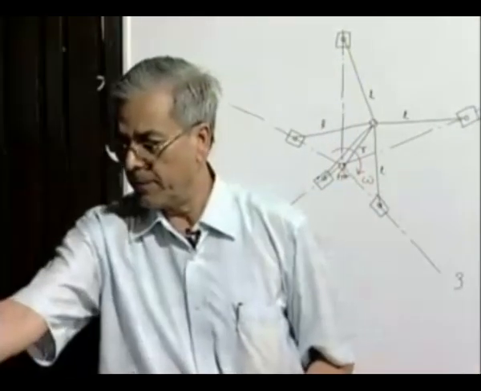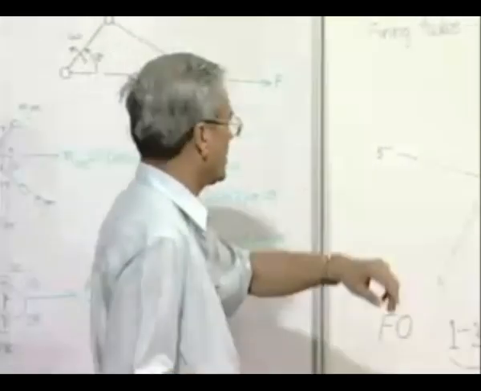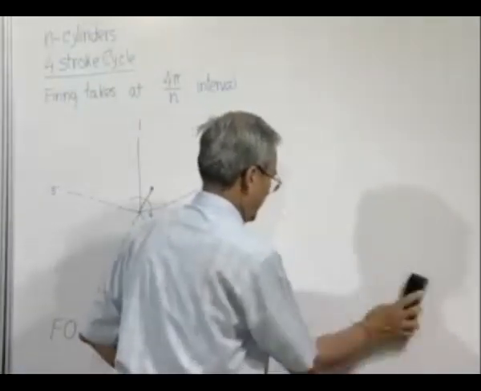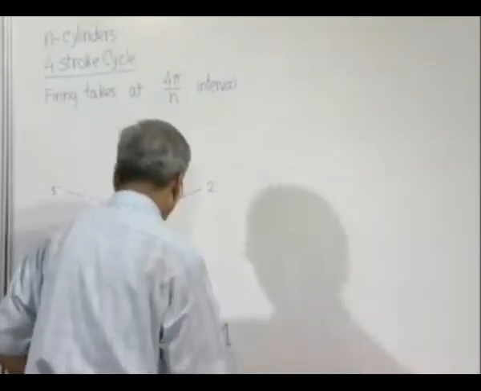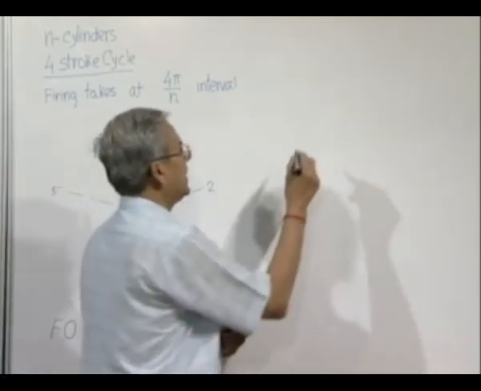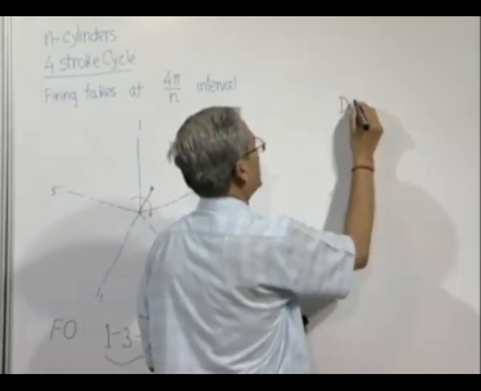Now let us see, with the help of one example, let us do say a 5-cylinder engine. We will not take up 2-stroke cycles because they are not generally used. So let us plot the direct cranks of primary.